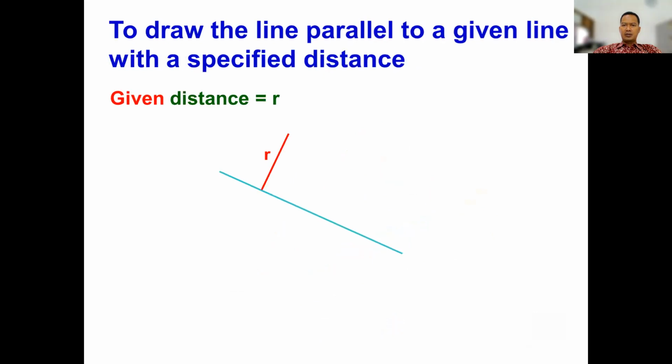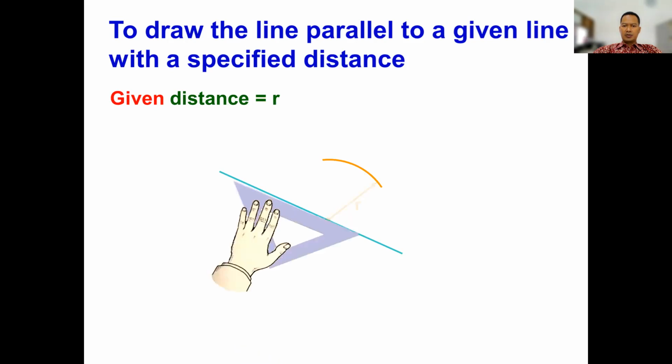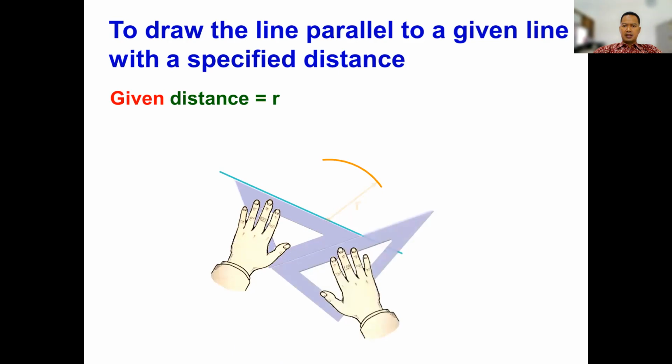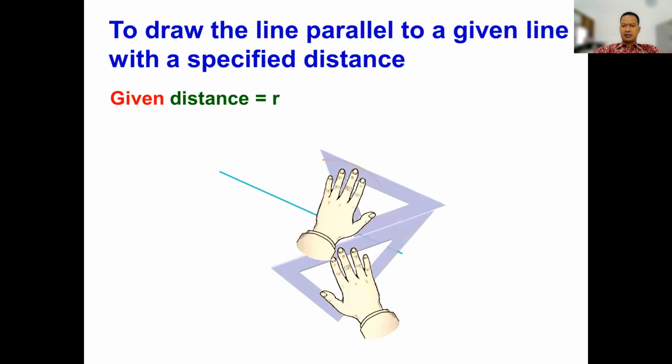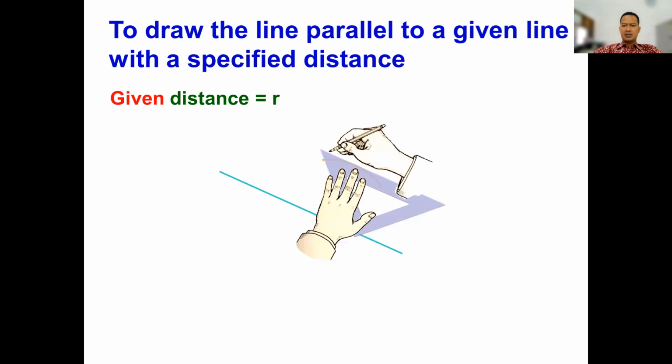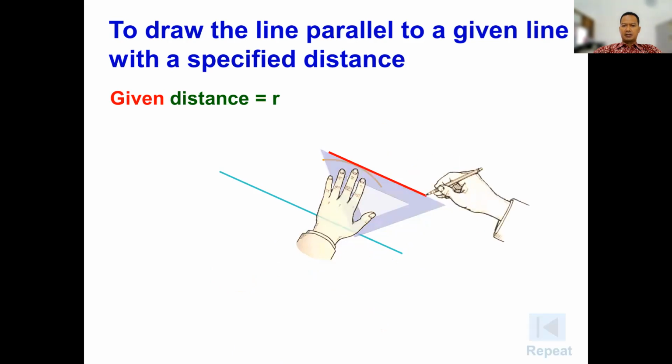To draw a line parallel to a given line at a specified distance, for example the given distance is R, from this point, draw the R distance with the compass, and then put the triangle, make another triangle, and then draw the line tangent to the arcs, then you will get the parallel line.